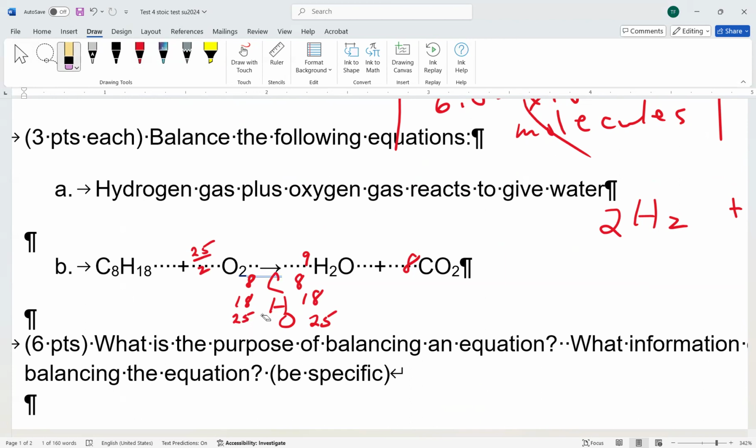Okay, it's balanced, but we have a fraction, so we need to clear the fraction. And most of the time, when you clear fractions, it's going to be multiplying everything by 2. Sometimes it's 3. 99% of the time, it's usually 2. So that means that's a 2. This becomes 25, 18, 16.